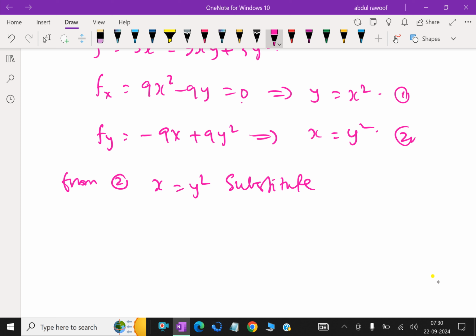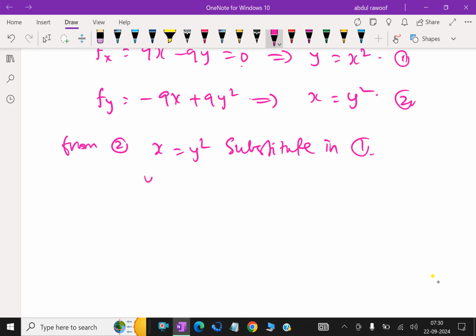Substitute it in 1: y equal to x squared, with x equal to y squared.